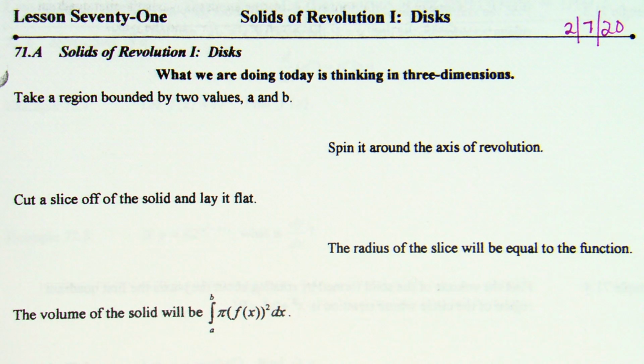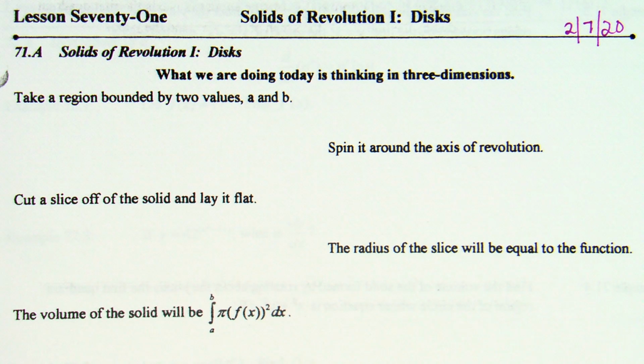Normally, if we're doing area under a curve, you're doing the integral of the curve, and that's finding the area between the curve and the axis. That's a flat surface. Now the idea is we're going to take that flat surface, whatever the shape of that area is, and spin it around an axis.